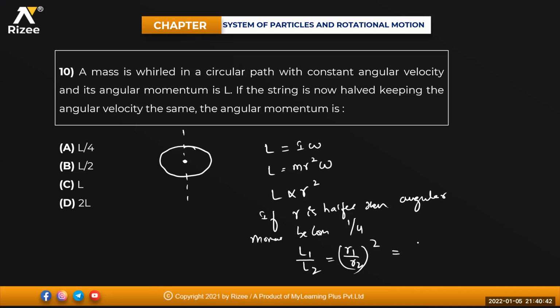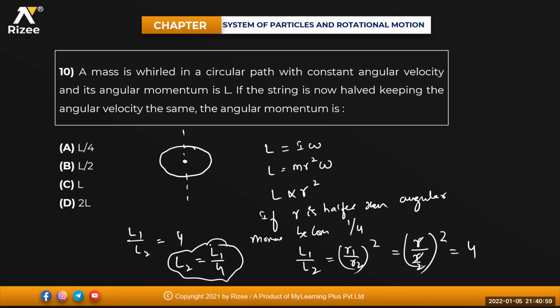If the string is now half, R1 is R and R2 is half, that means R by 2 whole square. R gets cancelled, 2 square is 4. So L1 by L2 is equal to 4, so L2 becomes L1 divided by 4. That means it will become L by 4. First option will be the answer. Very good.